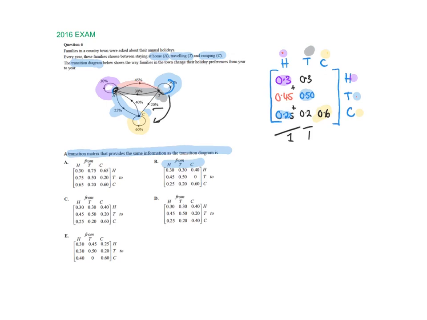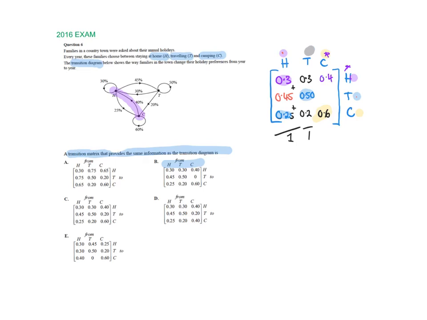Okay, and let's look at the other one. If I'm at, I'll just rub some of this out, getting a little bit confusing. If I'm at camping and I want to go to home, so I'm looking for that. I'm at camping and to home is 40%, so camping is 0.4.